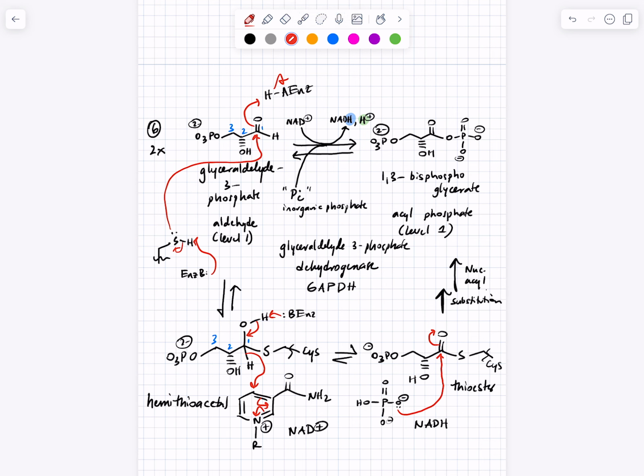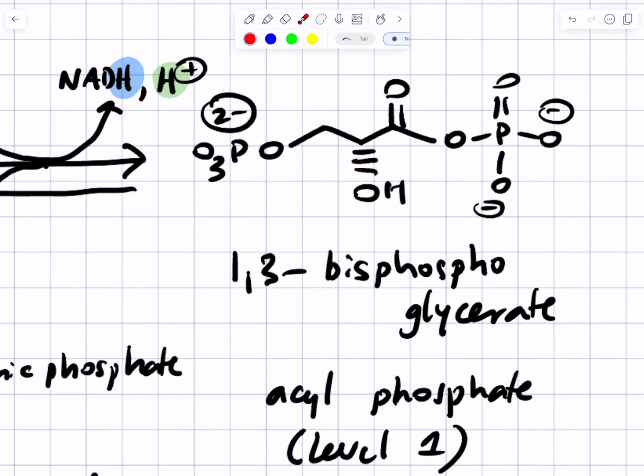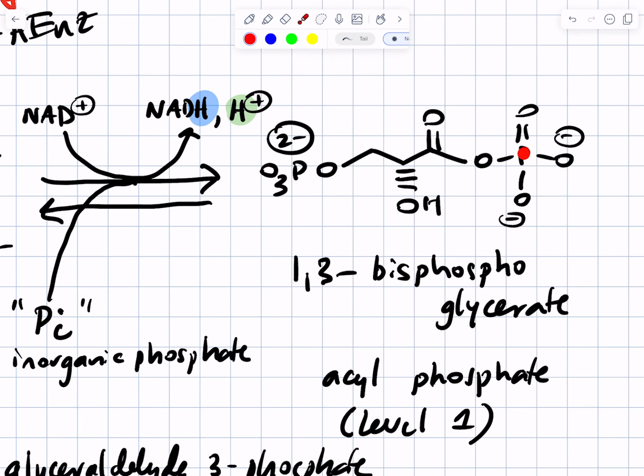But you can see what we're sort of trying to do here. If we ever want to recover ATP, we need to convert a phosphate group into something that has a decent leaving group attached to it. And as we look at 1,3-bisphosphoglycerate, look at what that phosphate group is attached to.